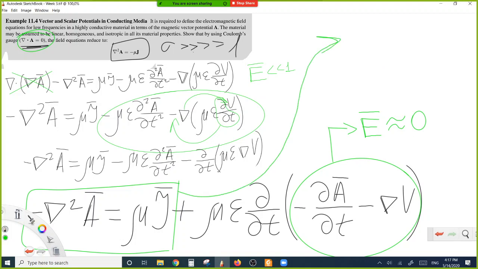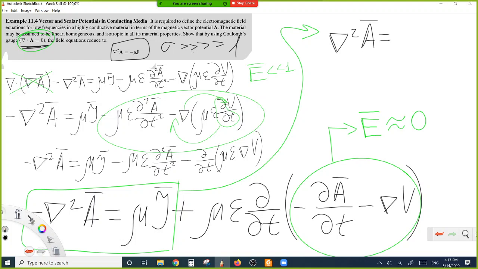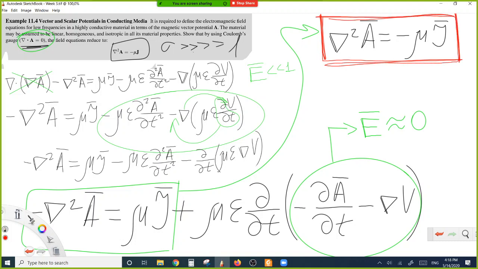If we write it here, the Laplacian of A will be equal to minus mu J. So we derive this equation.